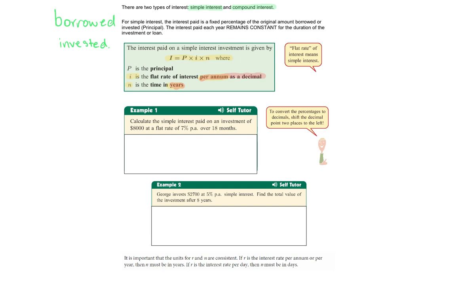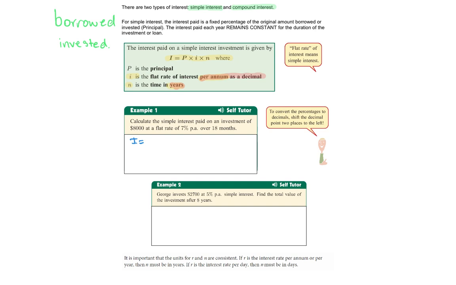We're going to calculate the simple interest paid on an investment of $8,000 at a flat rate of 7% per annum over 18 months. Flat rate means simple interest.